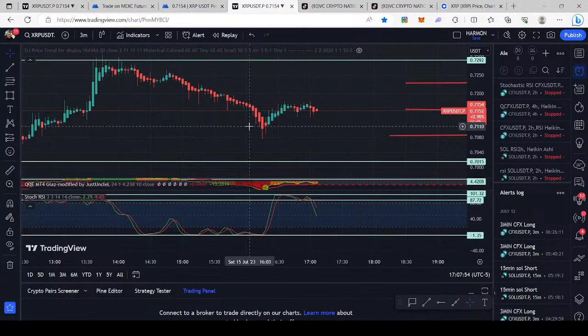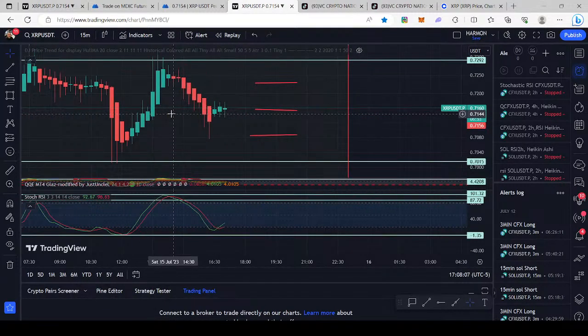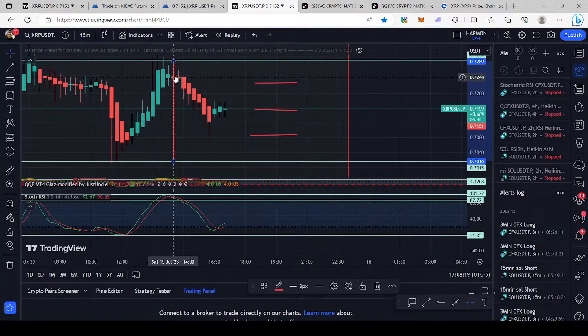So look at your 3-minute, okay? Notice how the original short was way back on the 15 minute. So go to the 15 minute. Start there. Do you see where the 15 minutes started to bend down? Take a trend line, and right when the 15 minutes starts to go down, draw a line between that candle, right?